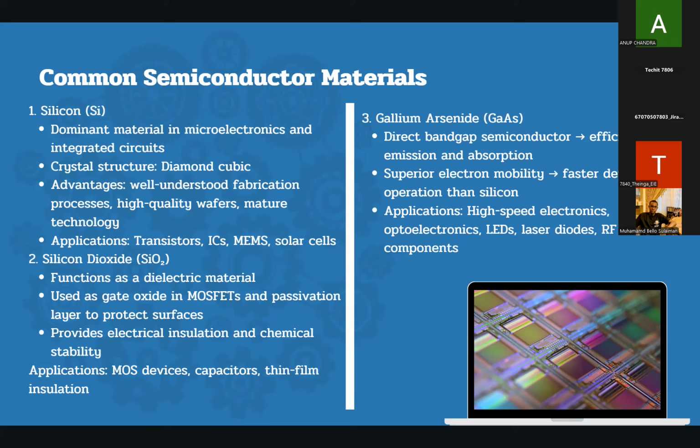In the next slide, I would like to talk about the common semiconductor materials. Let's first look at the materials in the industry. We focus on the main three players, which are silicon, silicon dioxide, and gallium arsenide. Let's talk about silicon. Silicon is the dominant material in microelectronics and integrated circuits. It has a diamond cubic crystal structure.